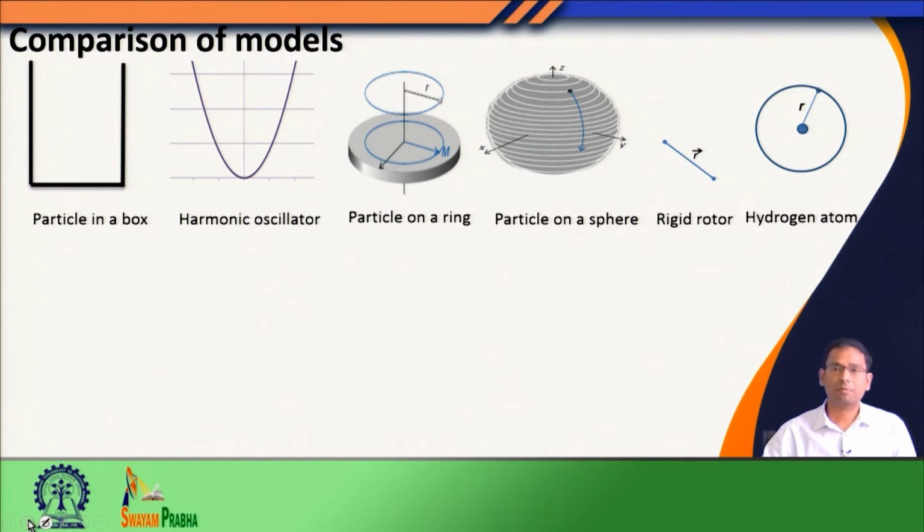While discussing this problem, we emphasized that particle in a box is quite a useful problem, because any atomic or molecular system actually represents a particle in a box problem, because an atom has an electron which is confined to the nucleus. In a molecule, there are groups of nuclei and then there are a bunch of electrons. The electrons are confined to this box created by the nuclear environment.